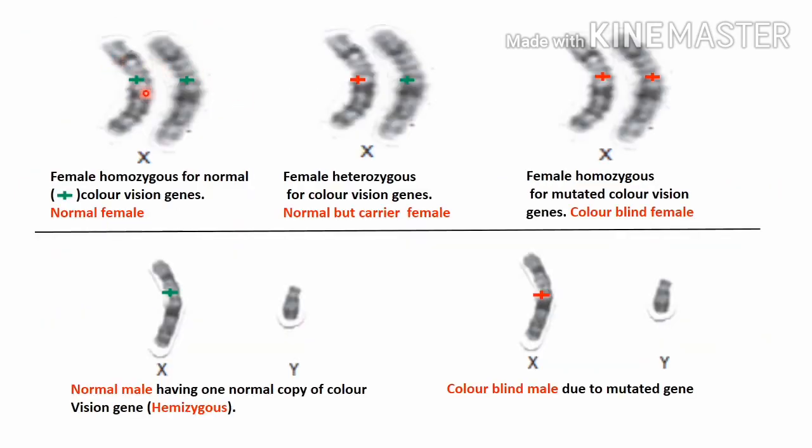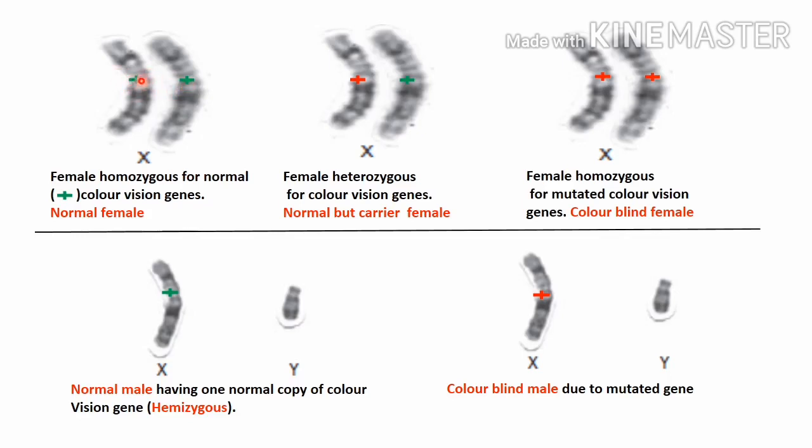So this figure shows the homozygous and heterozygous conditions for human females. As represented, suppose these are two X chromosomes and this green plus indicates a normal functioning gene, and suppose this gene is for red or green color vision or sensitivity, or for hemophilia, the production of the protein for blood coagulation.